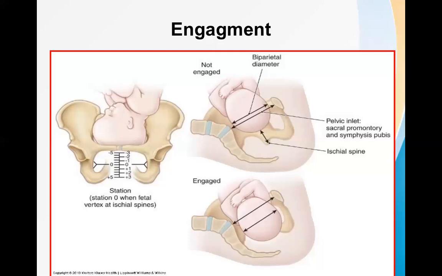This is called engagement. In this picture it is still not engaged, because this is the biparietal diameter and this is the pelvic inlet diameter. It has not crossed, so it is not engaged. Whereas in the other picture it has crossed, so it is properly engaged. This is the important point. On the other side they are again showing the station. Station 0 means the fetal vertex is at the ischial spine.